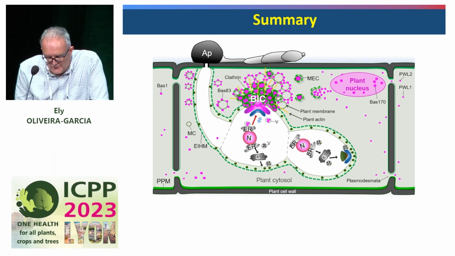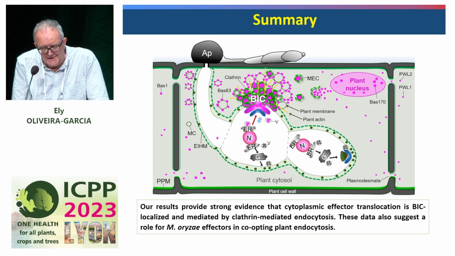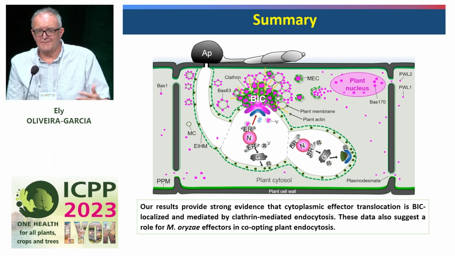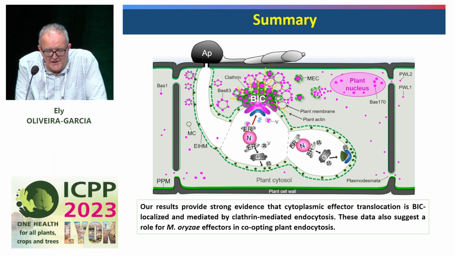So just to summarize the work and where we are currently, the working hypothesis, which is now being actively tested in Ellie's lab and in Barbara's lab, is that the cytoplasmic group of effectors, including the major AVR effectors that are recognized within the cytoplasm or have targets within the cytoplasm or in organelles within rice cells, appear to be taken up by clathrin-mediated endocytosis into these membranous effector compartments, which then will lyse and release the effectors directly into the cytoplasm.